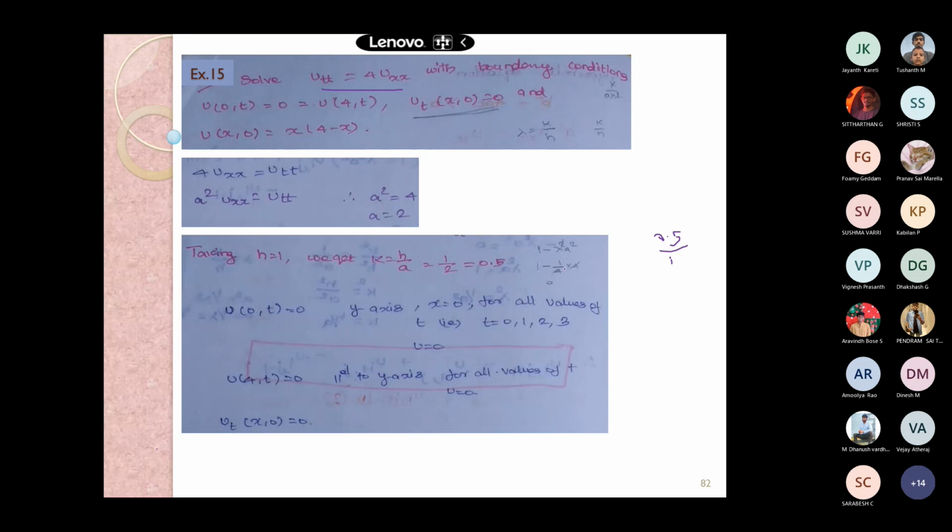Therefore the 4 will cancel and 1 minus 1 will get 0. Once 1 minus lambda square a square is equal to 0, then the wave equation can be reduced, and the reduced wave equation we can take and move forward.